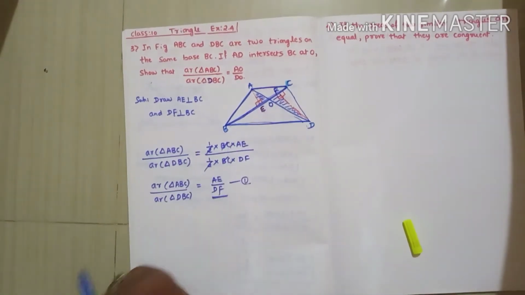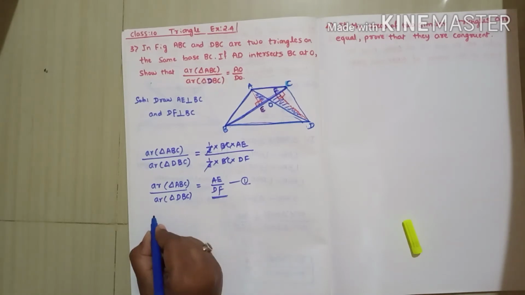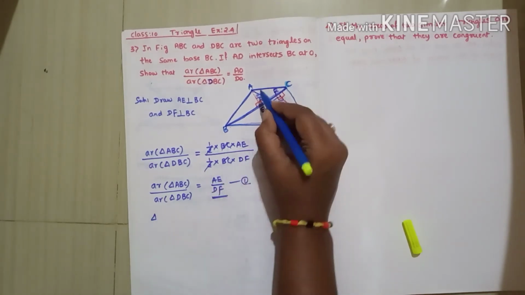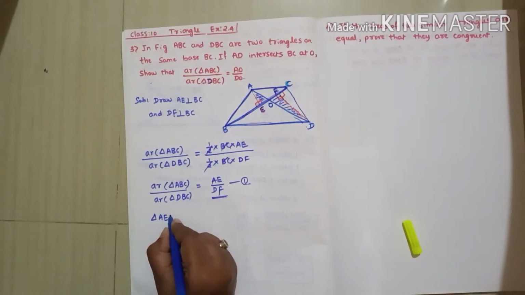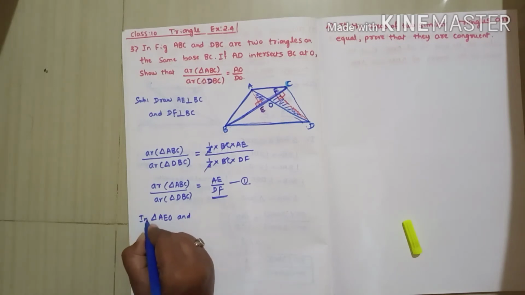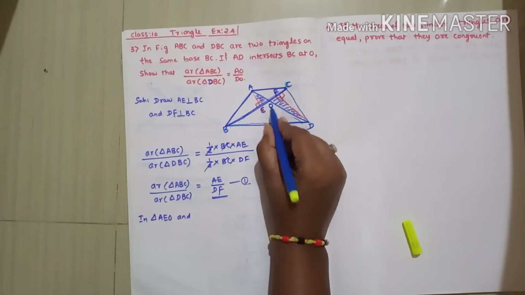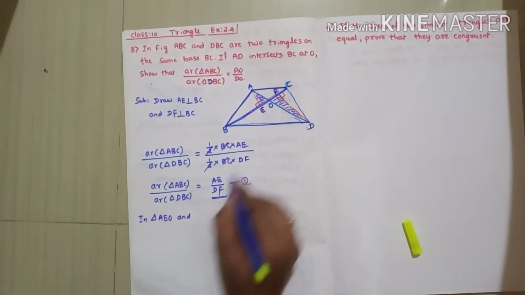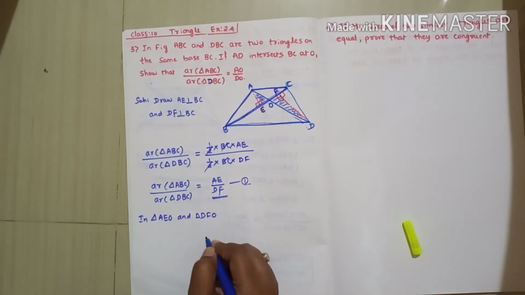Then we can write the ratio of the corresponding sides, and we will get the result. So we consider triangle AEO and triangle DFO, and prove those two triangles are similar.